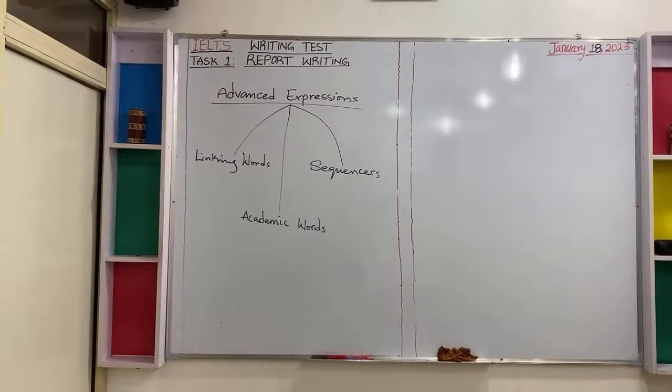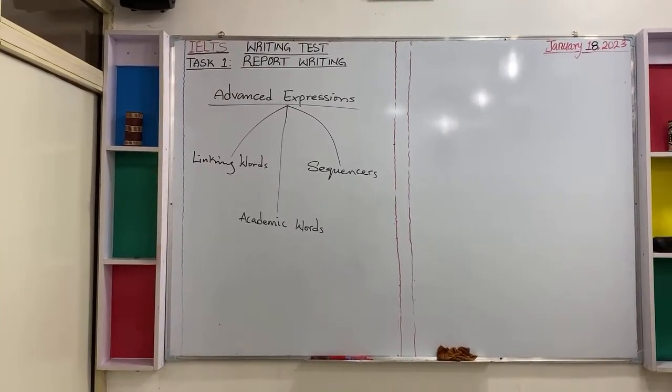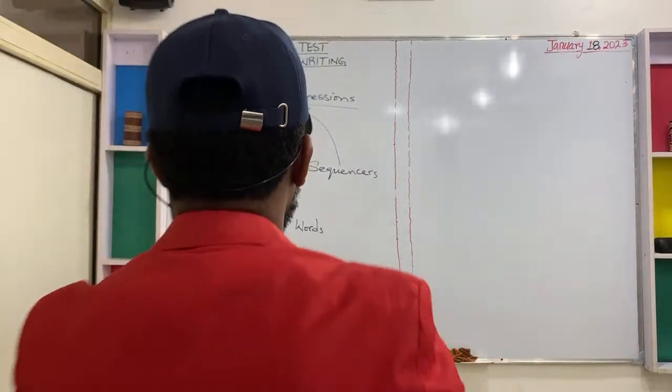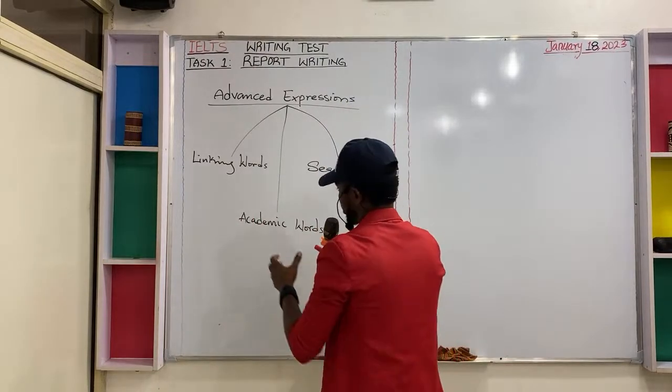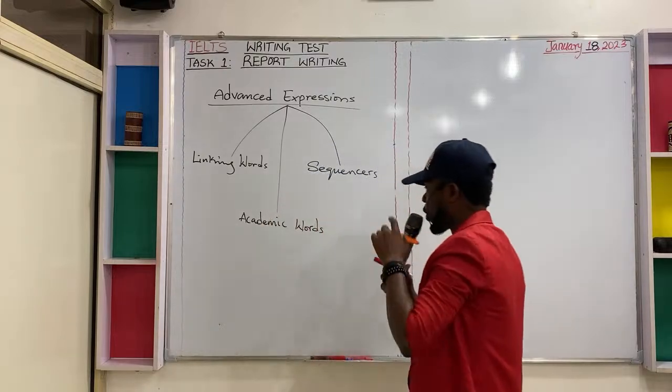Okay, so let's proceed. Linking words are those words used to join or connect two or more independent sentences to become one.